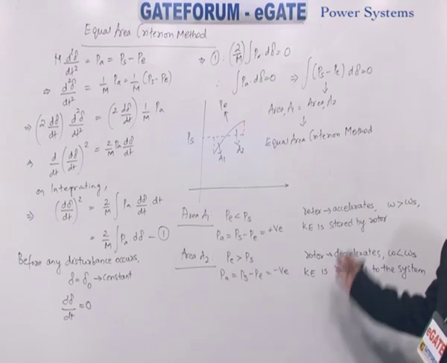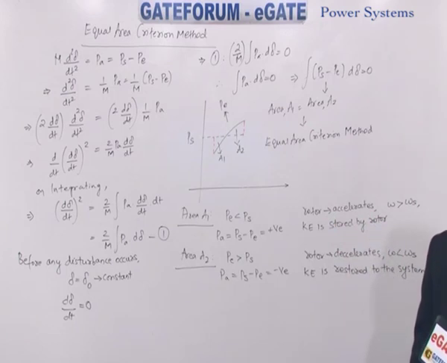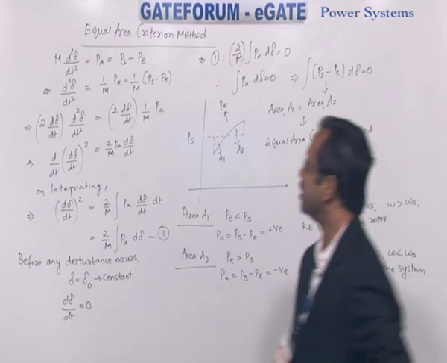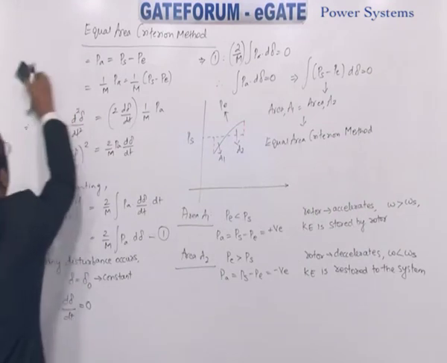That is, the area of acceleration A1 must be equal to the area during deceleration during the first swing. That is the statement of equal area criterion method.